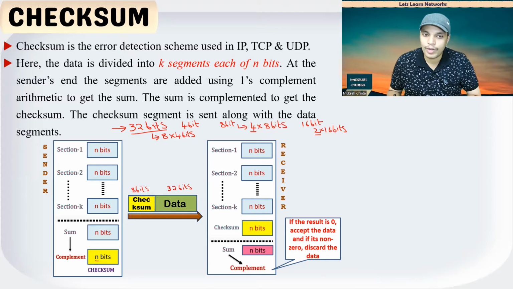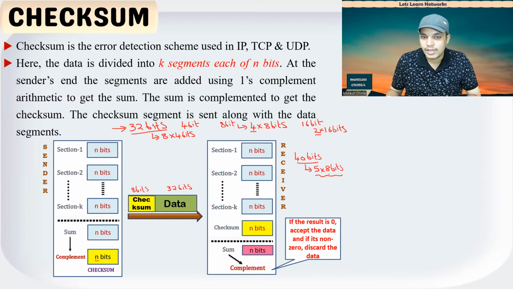The receiver knows how many bits of checksum you're using. Upon receiving the 40 bits of data, he breaks it up into 5 blocks, including the checksum block, and simply adds all the blocks together. Once he gets the sum, usually this sum will be all ones. When you complement it, you should get all zeros, that means 8 zeros.